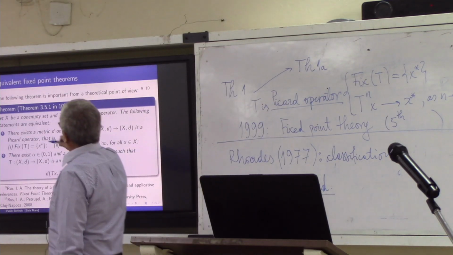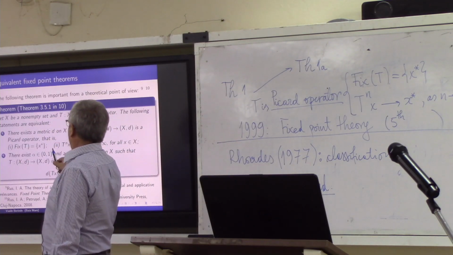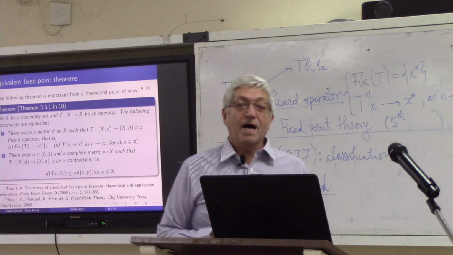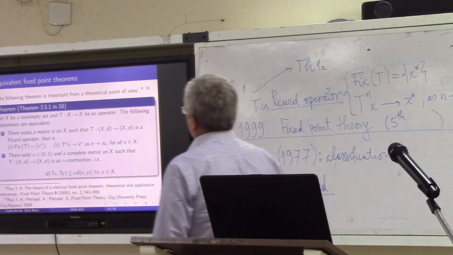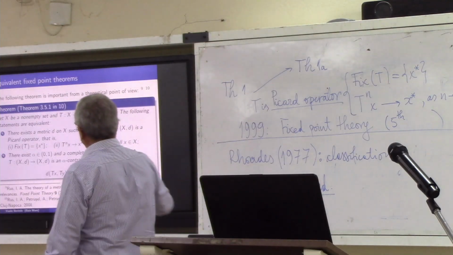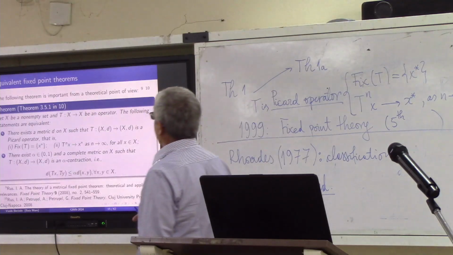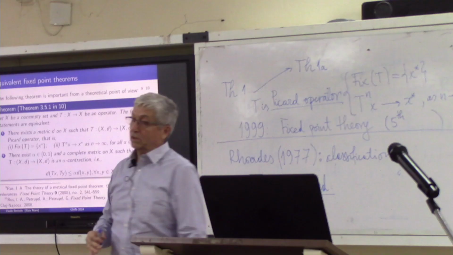This is equivalent to the fact that we can find a constant alpha and a complete metric d on X, I forgot to put d here, such that this map is in fact a Banach contraction.